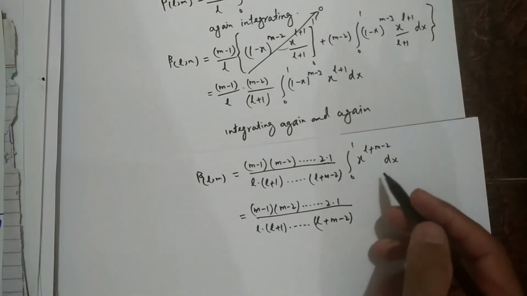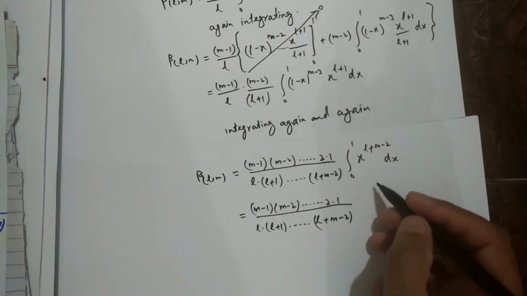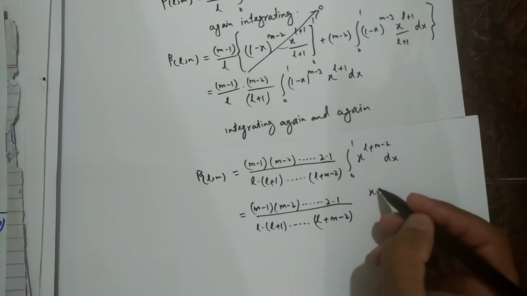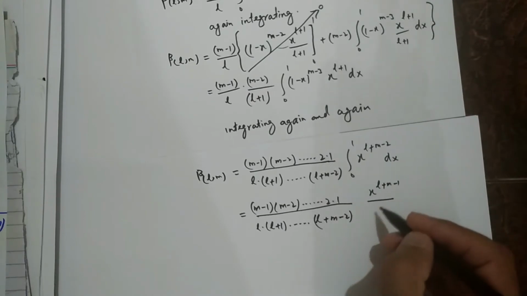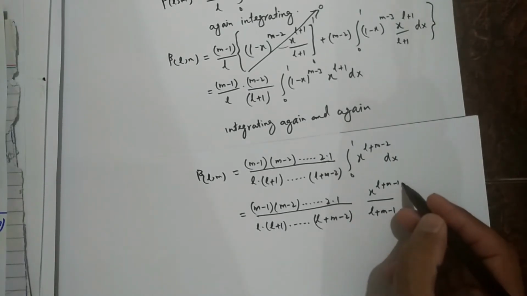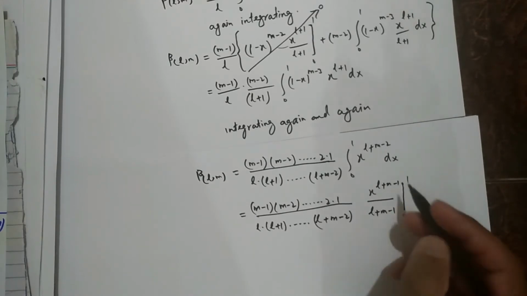By integrating this term we will get x to the power L plus m minus 2 plus 1, so this will be 1 upon L plus m minus 1, and here the limits are from 0 to 1.